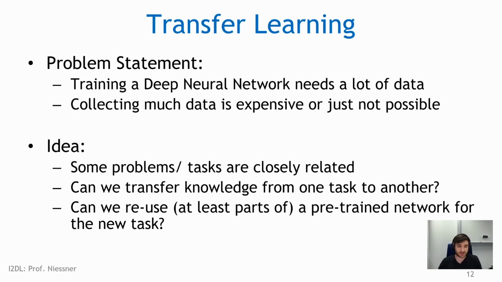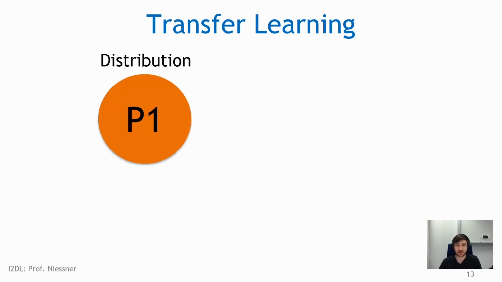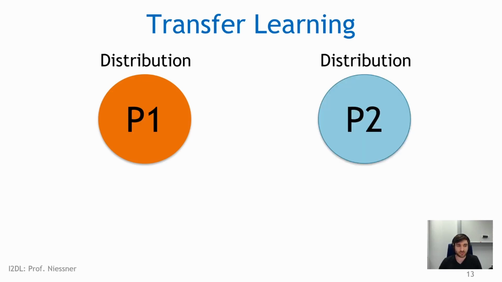This can be rephrased as trying to reuse at least parts of the network which was pre-trained for the new task. From a more theoretical point of view, we can think of two different distributions. One is the source distribution, and the other is the target distribution.